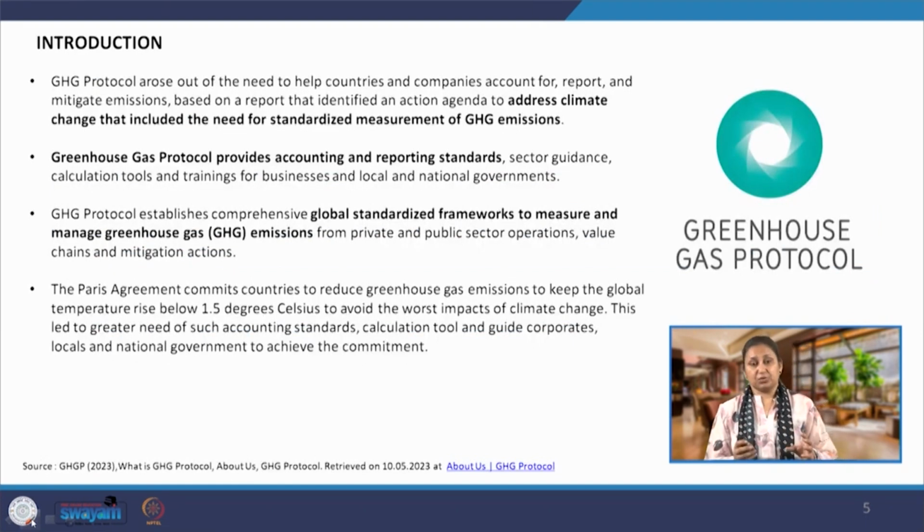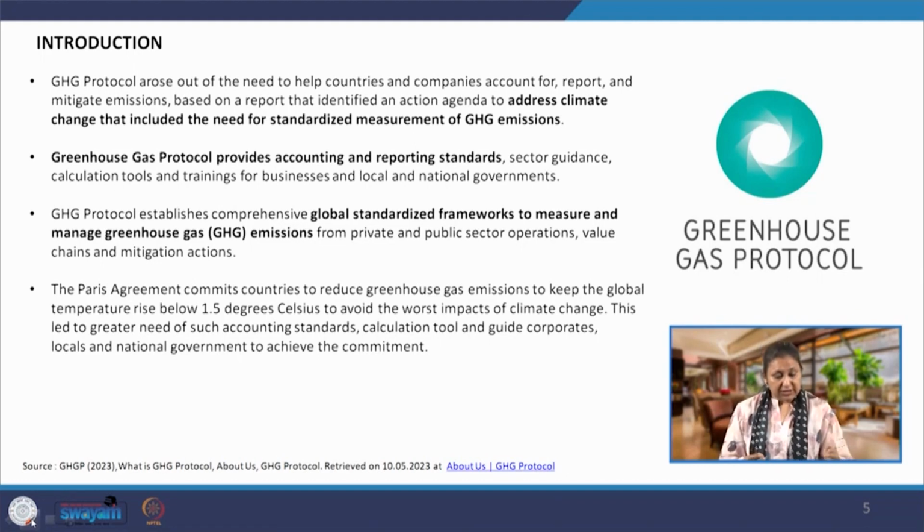We will look at a very brief history, because we talked till the Paris Agreement in 2015. The GHG protocol had already come into existence by that time, but it was after the Paris Agreement that the activities gained momentum, and the whole protocol, which had already been prepared, actually came to light, and it is in use more and more.